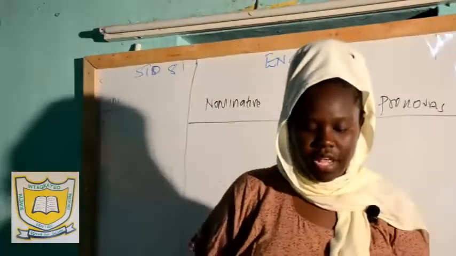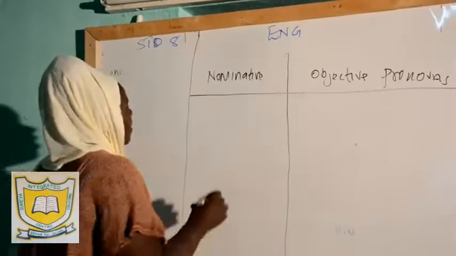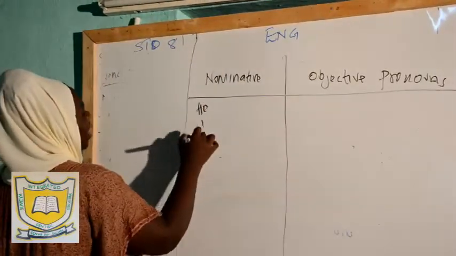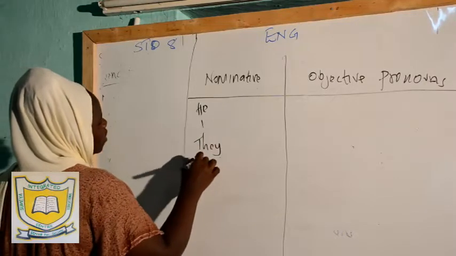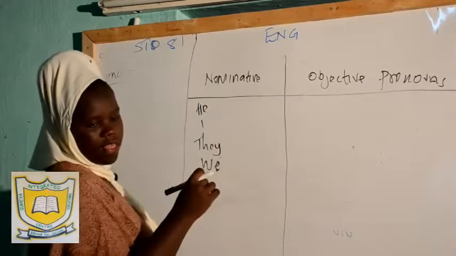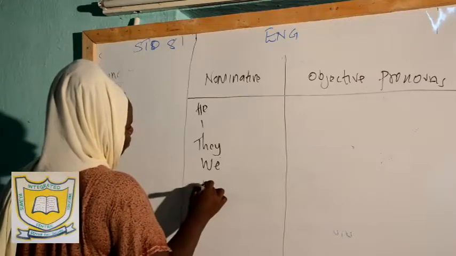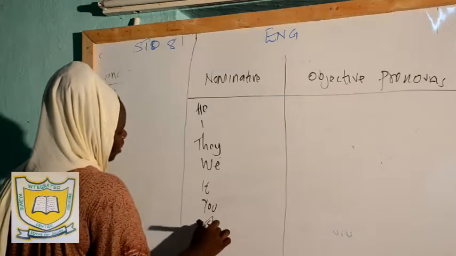Doers of the action. Examples are he, I, they, we, it, you, she.